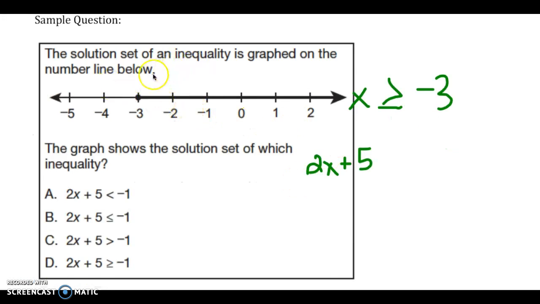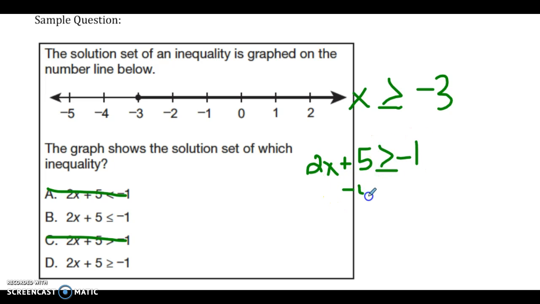So if we look at this inequality here, we've got the -3, x is greater than or equal to -3. So the first thing we can do is eliminate this and this because both of those inequalities don't have the equal to sign. So then we can pick one, and I'm just going to pick the bottom one here, and we get 2x plus 5 is greater than or equal to -1.